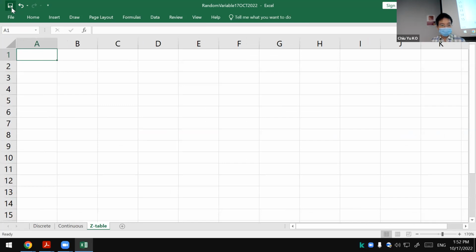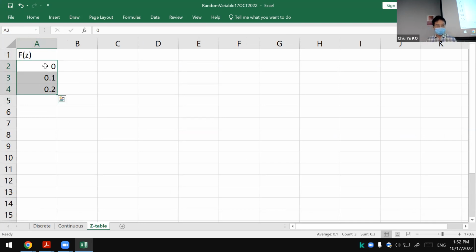So we create a Z table. This is F of Z, the Z table. What we will do is make it easier. We just construct the positive only. 0.1, 0.2. And there's a shortcut in Excel. If you have Apple, then probably it's a little bit faster.